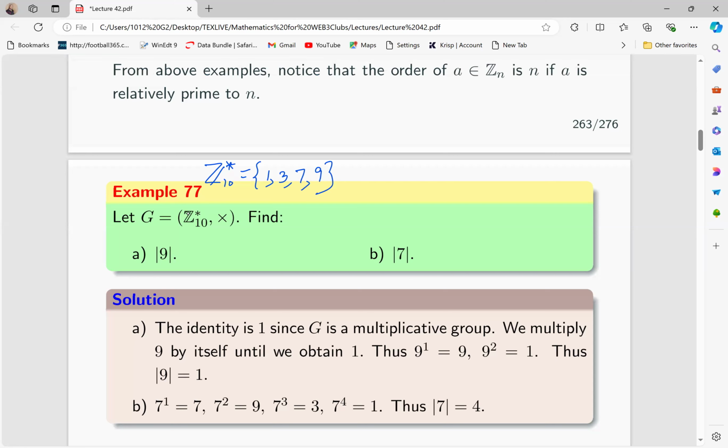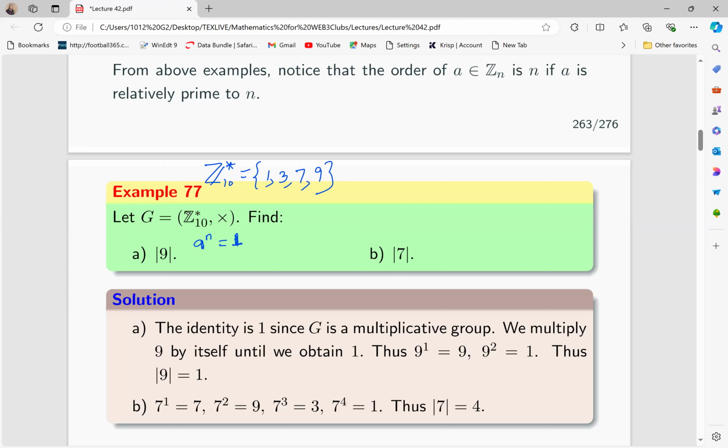But the question I've asked is, what is the order of 9? What's the order of 7? By definition, if the group is a multiplicative group, the order of A will be the element n such that A raised to n gives you the multiplicative identity element.